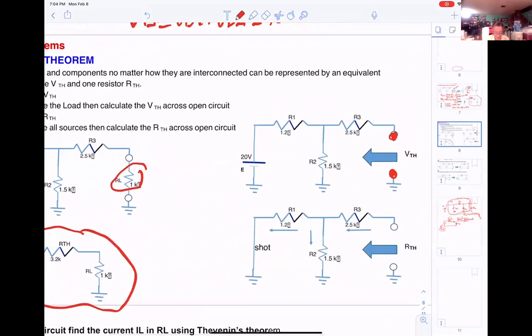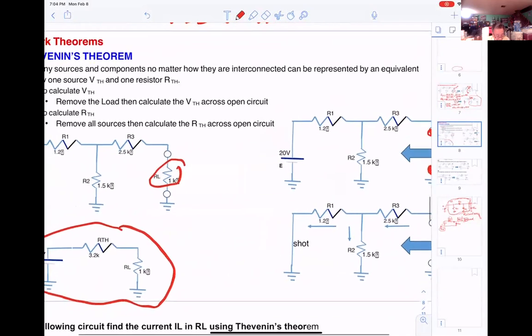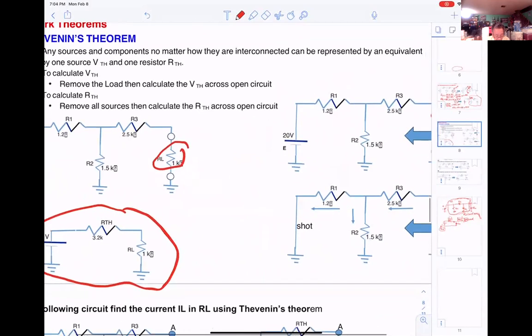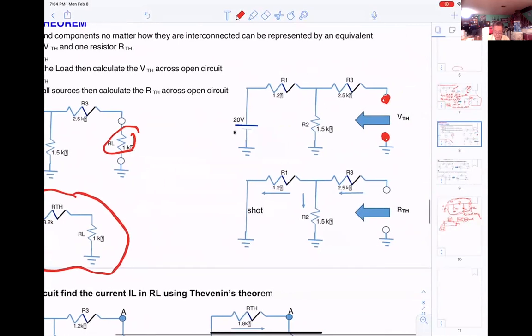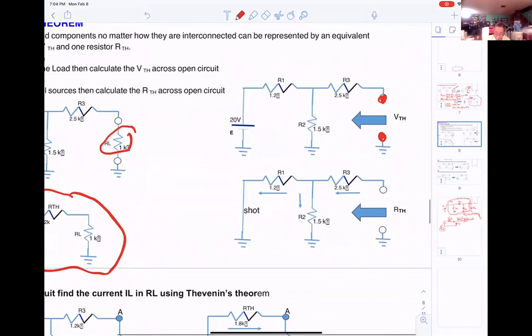Okay, then remove the source. That is to calculate the RThevenin. Now, after you remove the load, this is the voltage looking into the circuitry. I want VTH. Can you tell me for this circuitry what VTH equals?